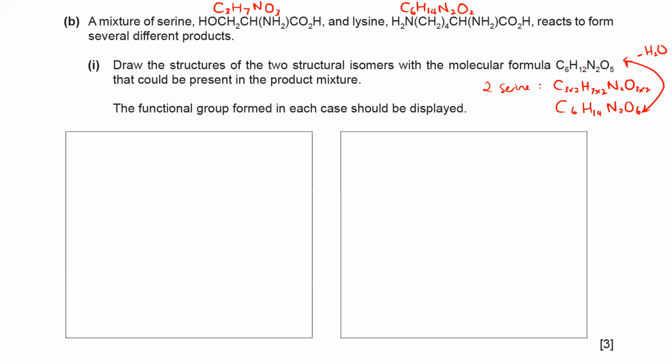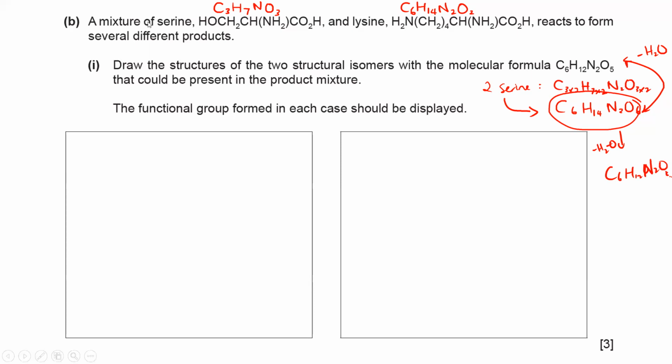See, 2 hydrogen less and 1 oxygen less. Then these 2 serine, minus H2O, we get the product C6H12N2O5, right? So this product is actually a product of condensation of 2 serine molecules.